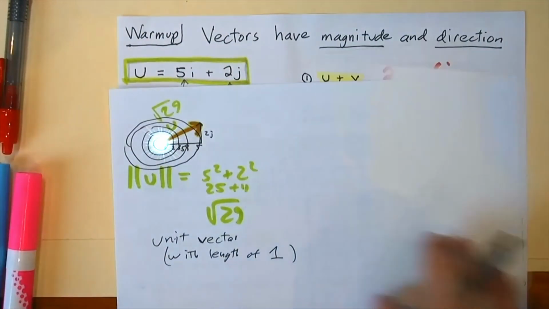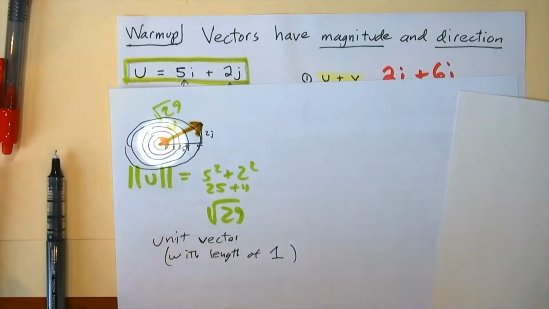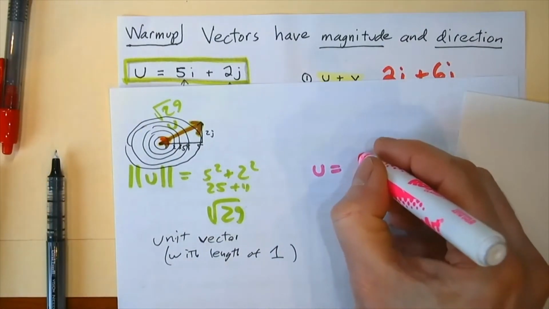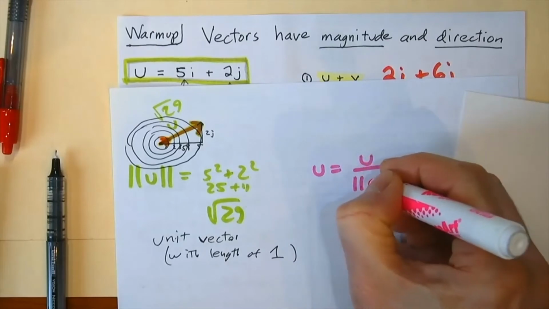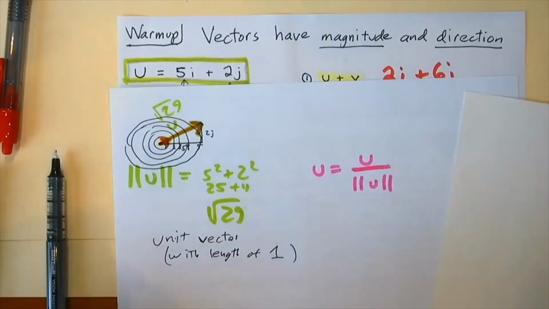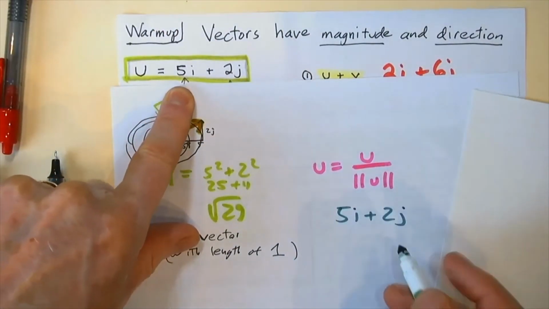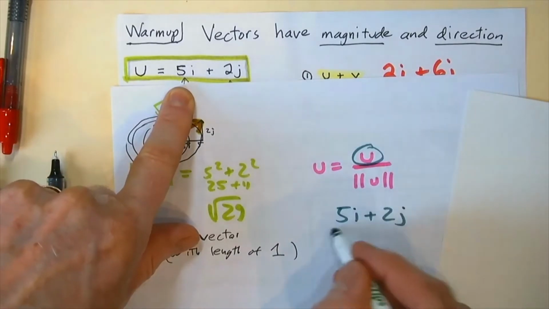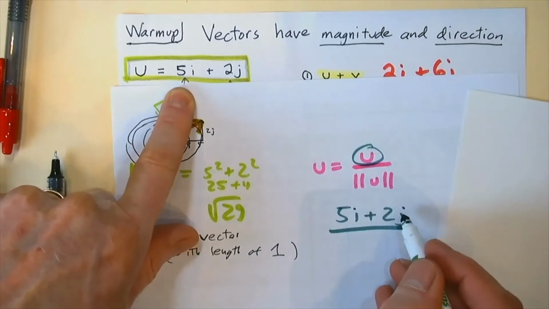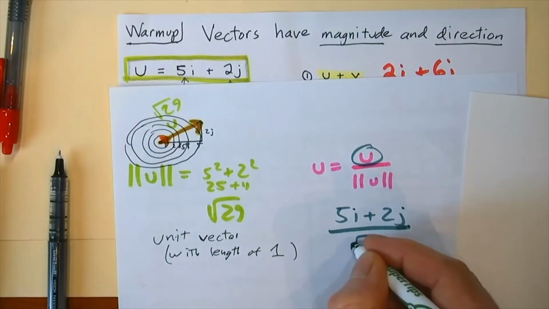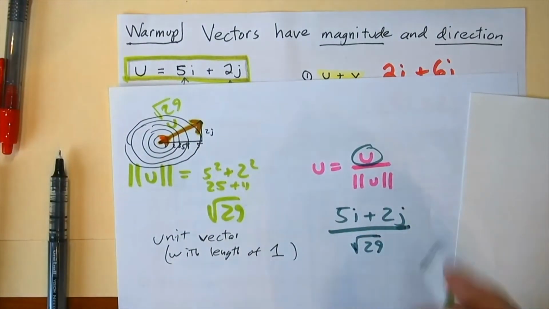Okay, so here's the rule, how it works. It sounds a little complicated, don't worry. To get the unit vector, you're just going to write your vector over the magnitude of the vector. So take your problem, 5i plus 2j, write it again and put it over whatever the distance was, radical 29. But you're not done. You have to split it into 2 parts.